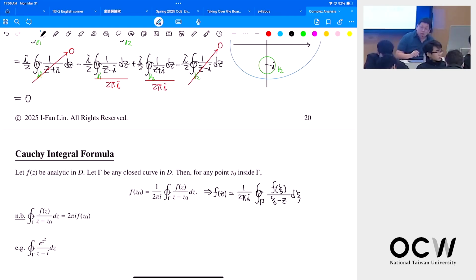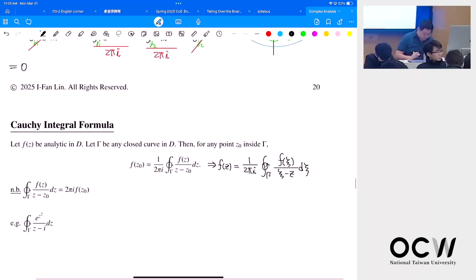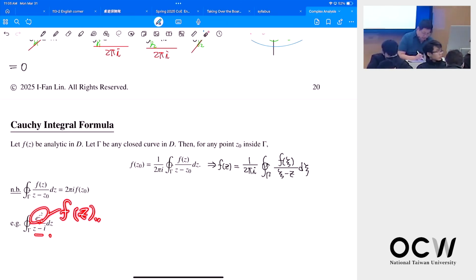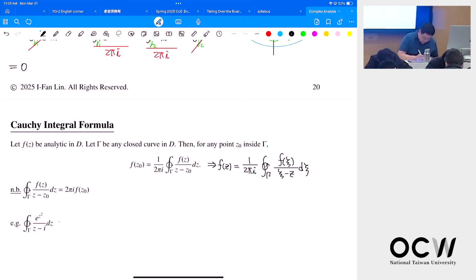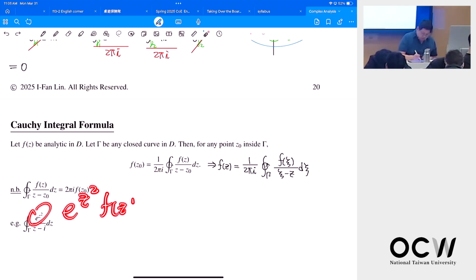Let's just see one example. This is f of z divided by z minus i. Okay, then i is your z naught. And e to the z squared, that is your function. This is analytic, right?